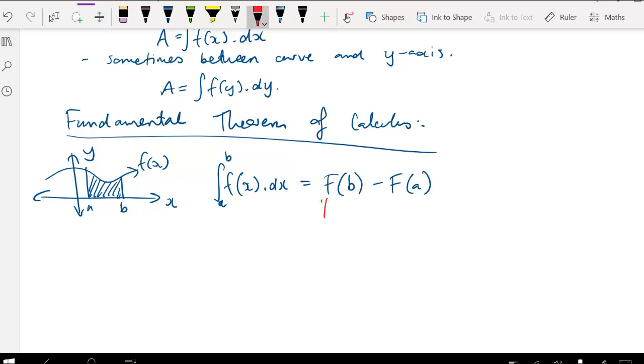So in terminology, this F of b is a primitive, essentially the antiderivative or the integral between those 2 points. Okay, so that's the fundamental theorem of calculus.